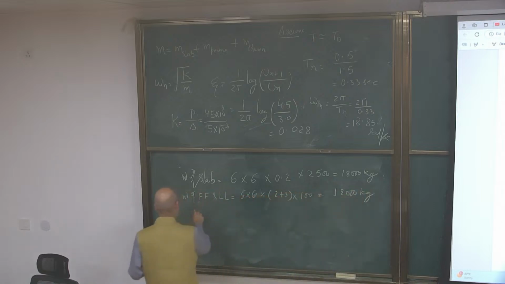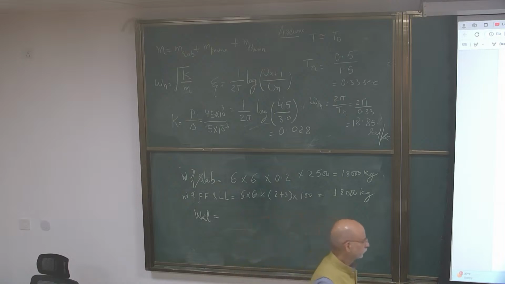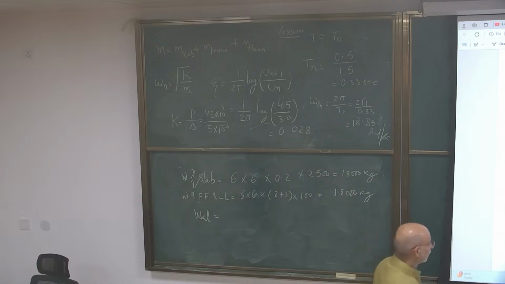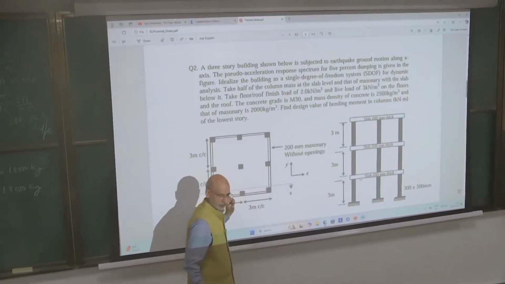Walls. How many? 1, 2, 3, 4, 5, 6, 7, 8.